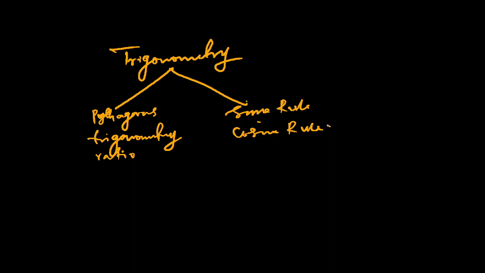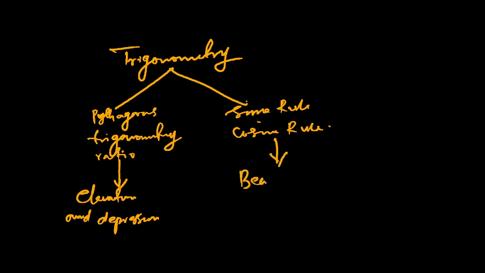If I have a right-angled triangle, I'll be thinking of Pythagoras theorem and trigonometric ratio, and the application of this is what we call elevation and depression. And when it comes to sine rule and cosine rule, the application of this is bearing and distance.